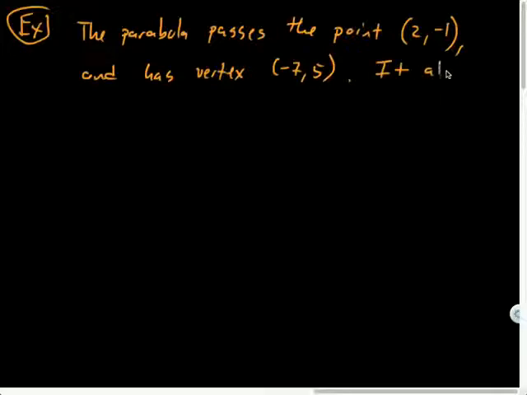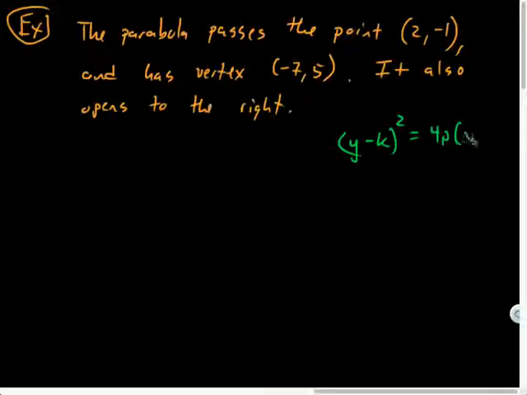Let's see. So based off of these clues, well, let's see. It opens to the right, so that means it's horizontally oriented. So I'm going to be looking for a y minus k squared equals 4p times x minus h. Right? That's what I'm looking for.